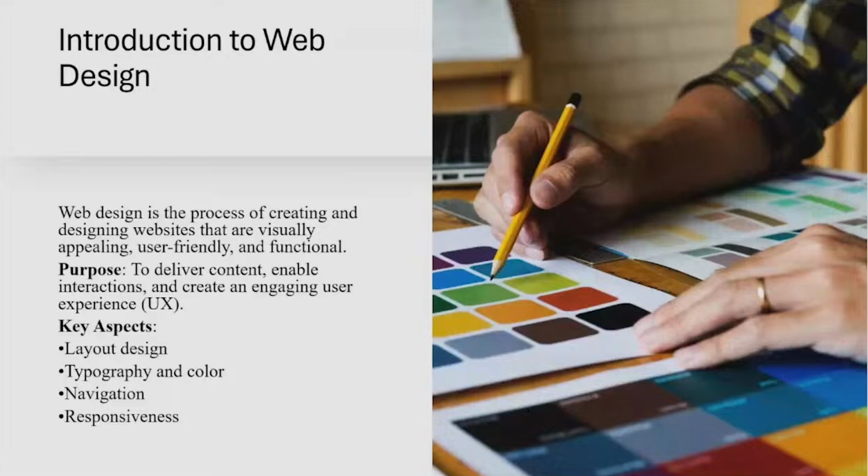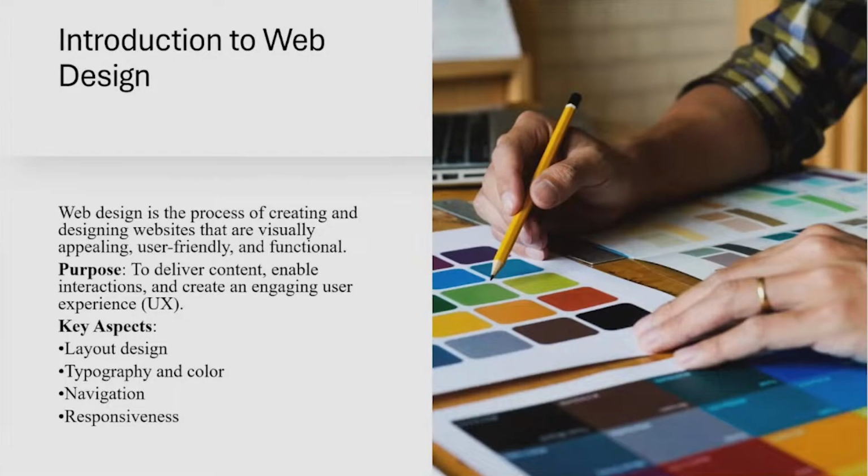Then layout design, typography and color. What fonts we need to use and how the text needs to be displayed. What font styles we need to specify and the colors, how pleasingly we can represent our website, which colors need to be used. That all comes under web design, and also the navigation.